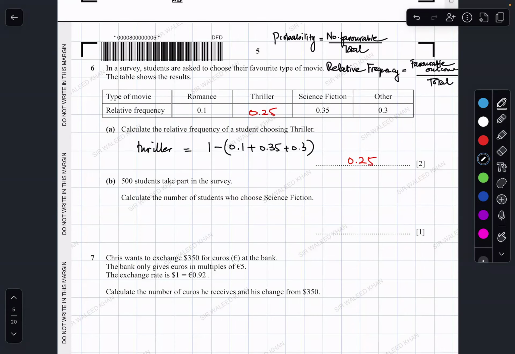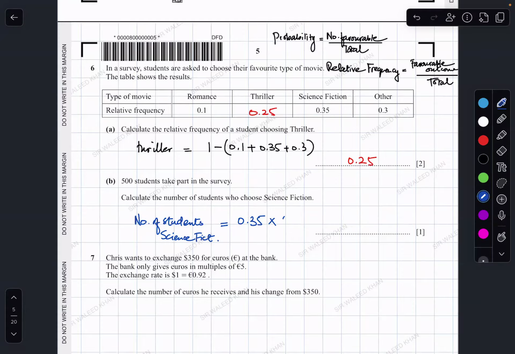So whenever the relative frequency is given and they ask you about the number of things, number of students, they're not talking about relative frequency. They want the number of students, right? You just multiply it with the relative frequency. So for the number of students of science fiction, what is the relative frequency? 0.35 times 500.